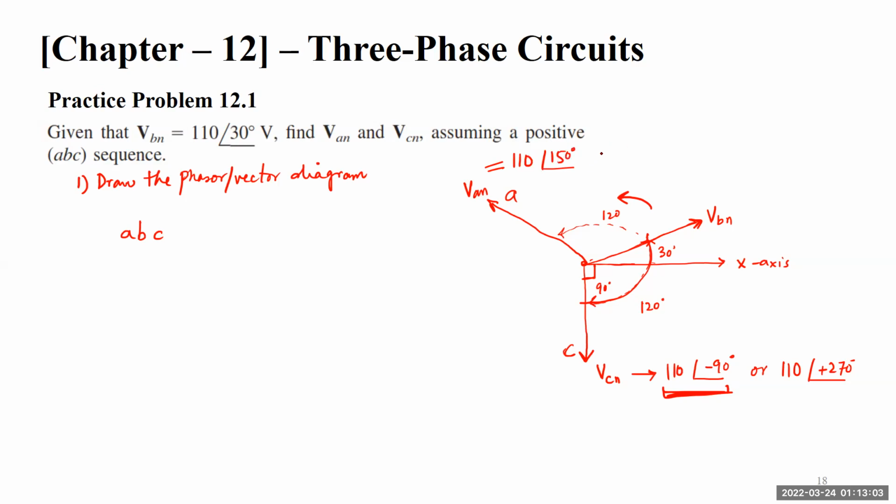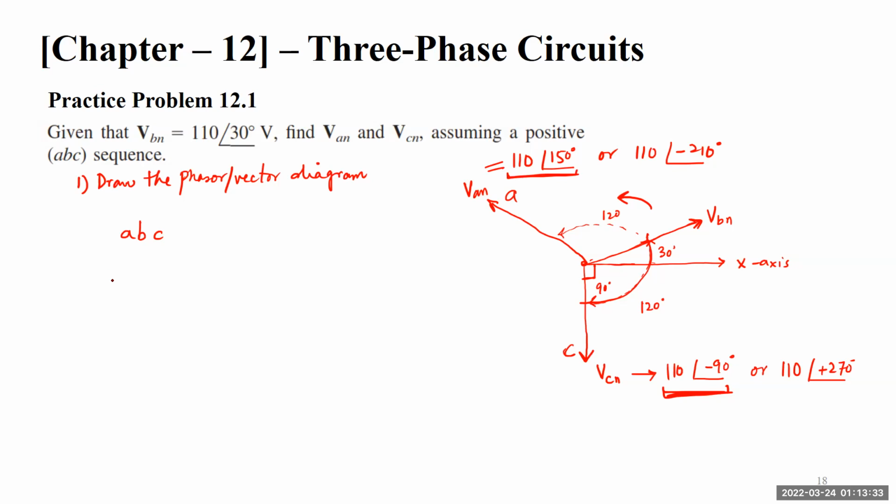Or you can also write it as 110 angle of 150 minus 360. So this becomes, let me calculate, minus 210 degrees. You can also call it minus 210 degrees. Again, a good engineer will go with these values.